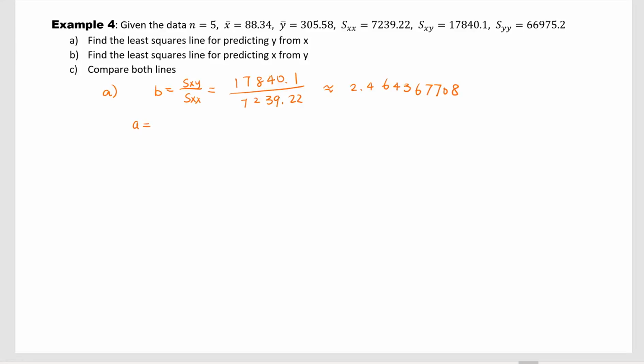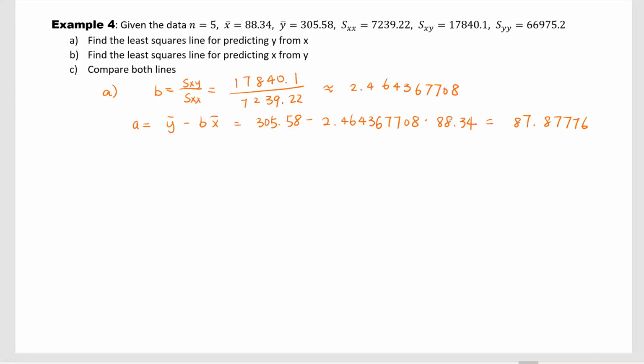Then a is y bar, the sample mean of the y values, minus b times x bar, the sample mean of the x values. Y bar is 305.58, b is that long number, and x bar is 88.34. Plug this in our calculator and I get 87.87776.